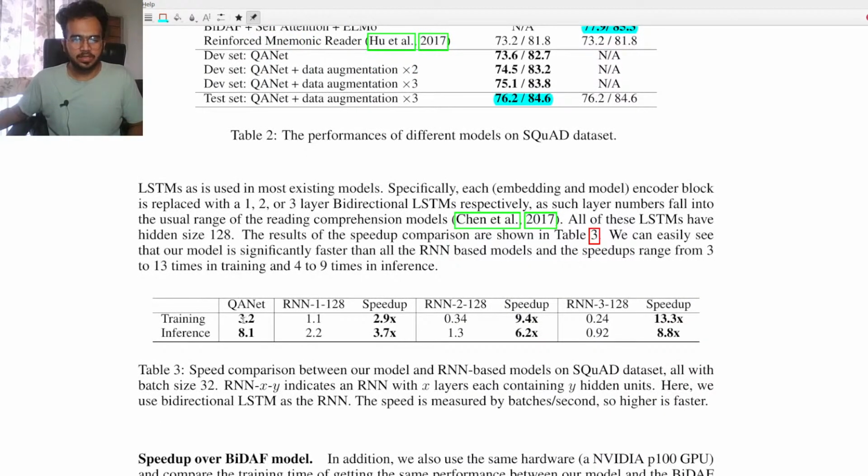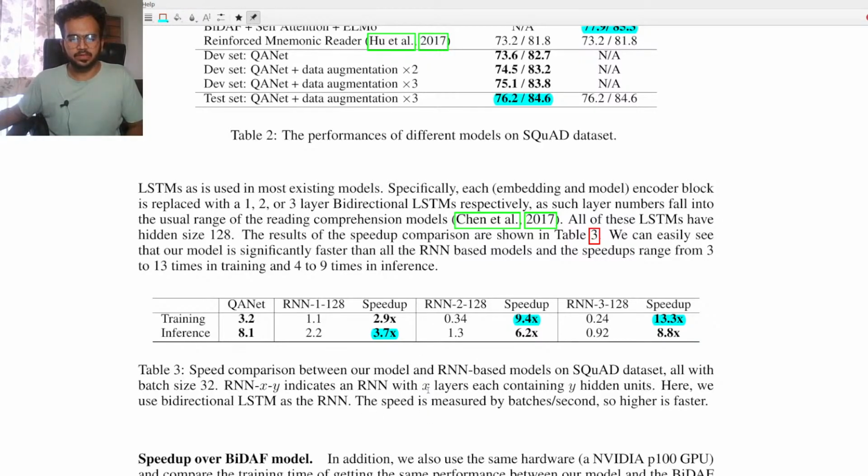For the training of QANet versus RNN, the speed up is tremendous. Here you get a 9.4 times speed up. Here you get a 13.3 times speed up. This is the speed comparison between their model and the RNN based model on the SQuAD dataset.